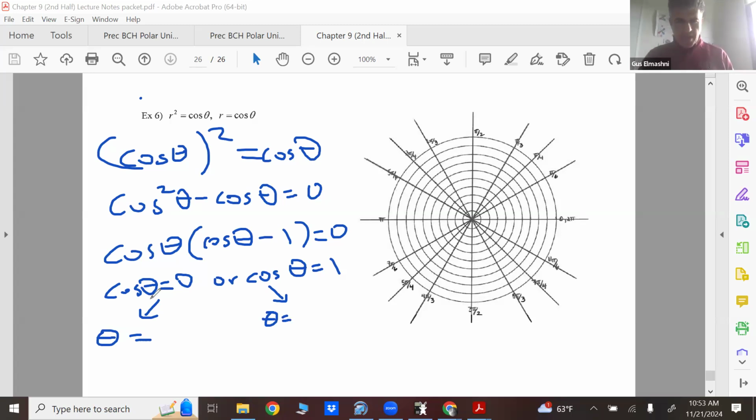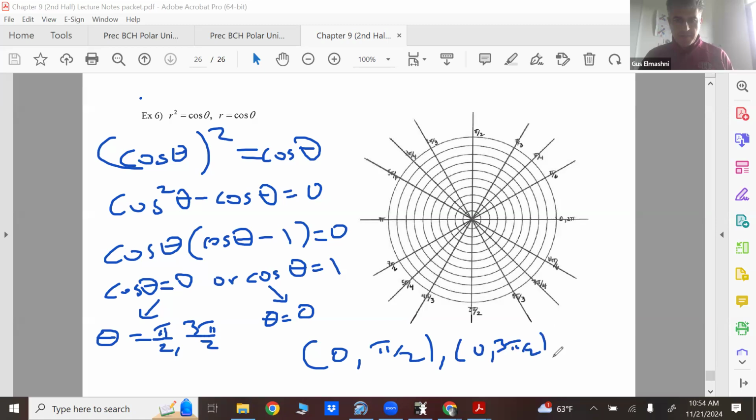That's going to happen at pi over 2 and 3 pi over 2. And that happens at 0. So that's pretty simple. r is 0 here. And that's at 1 comma 0.